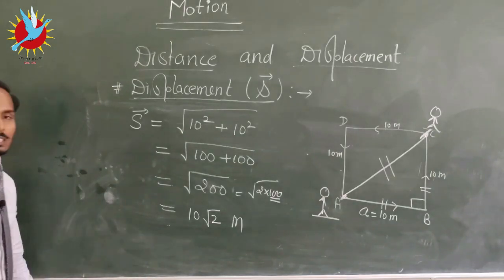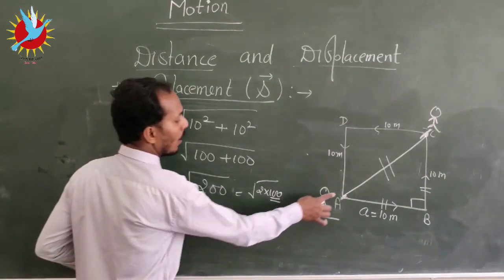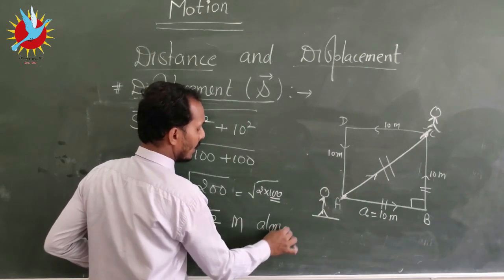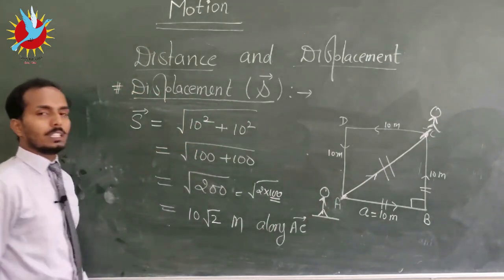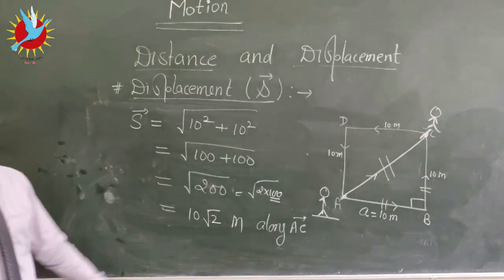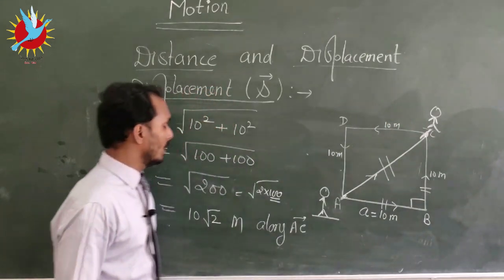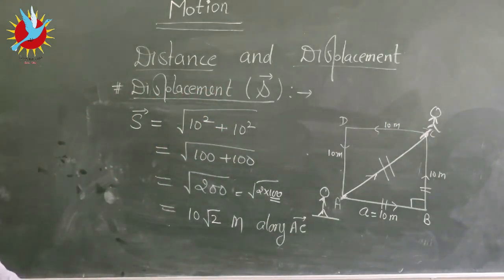So this is the displacement, and the direction is along A to C, along AC. In this way you get the value of displacement.